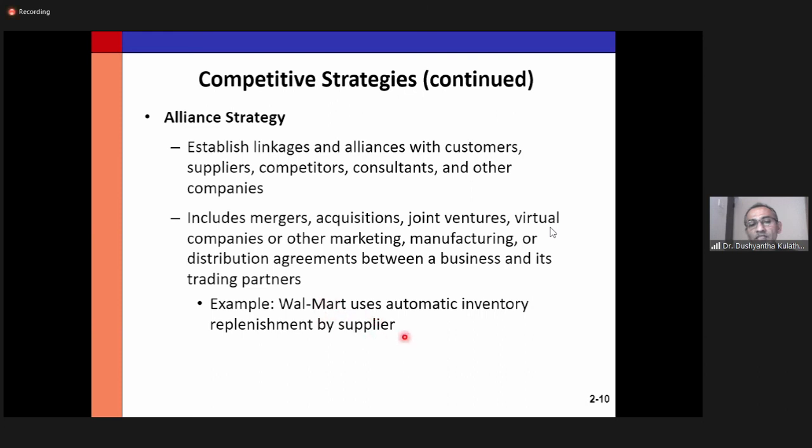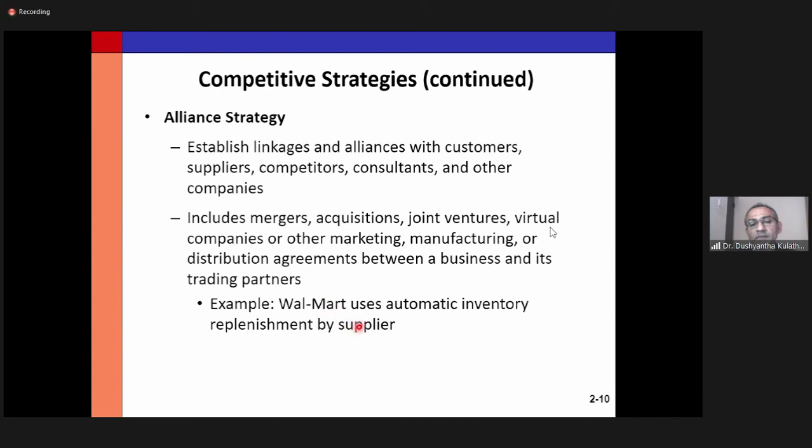So that is the arrangement in this automatic inventory replenishment system, where inventory is monitored by Walmart's computers and inventory management systems, and the supplier is also capable of monitoring the inventory movement and has been given the responsibility of being ready to supply as soon as the purchase order is received.